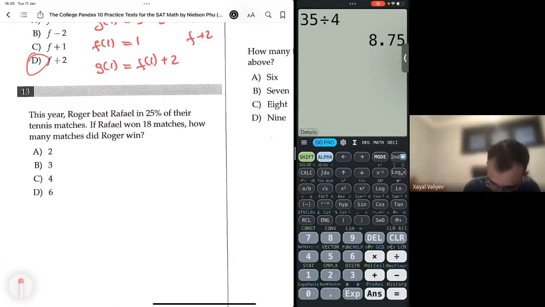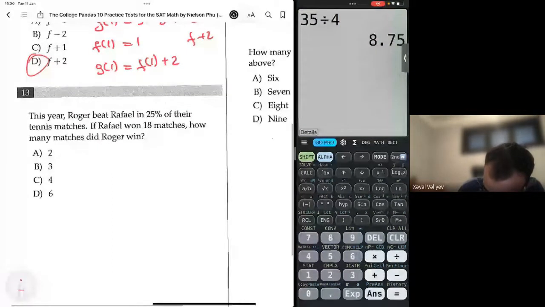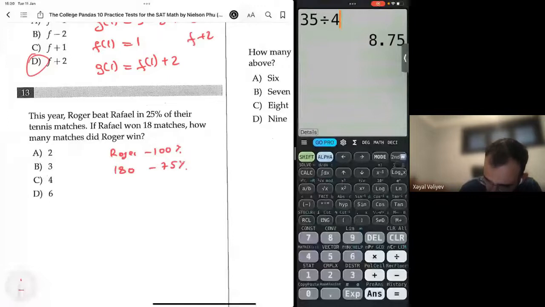Wait. What it says is 25% more than they played in a match, and that means Roger won 100%. Am I right? The 18 is just 75%, which is 25% less than that.